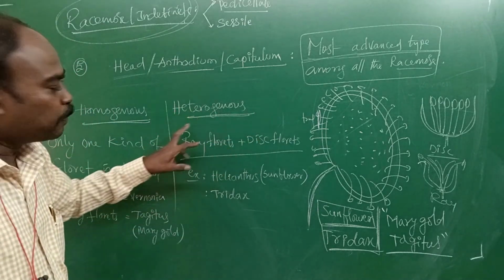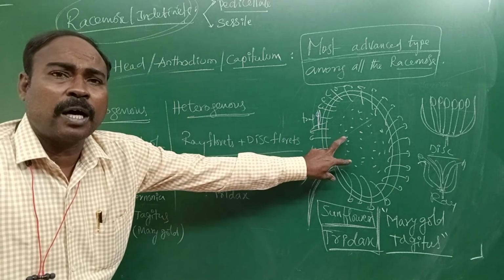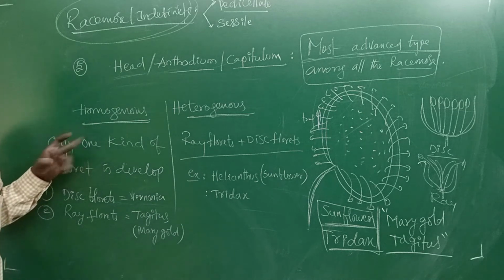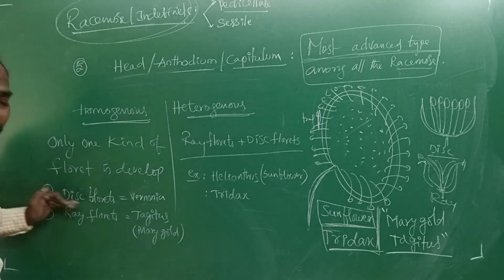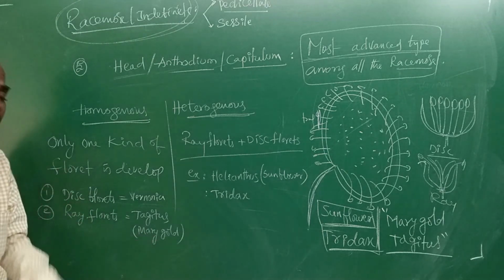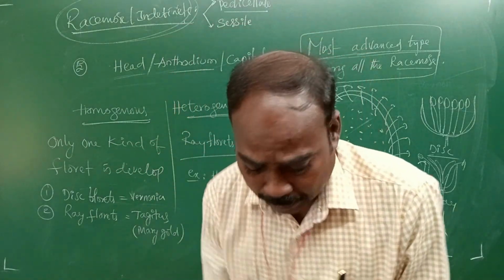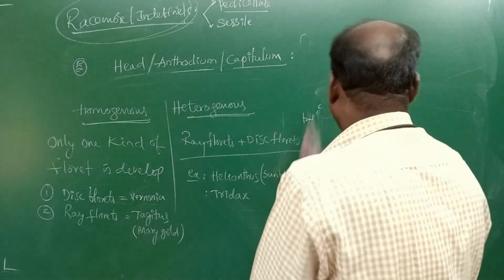So heterogeneous means ray florets and disc florets are found in an involucre or cup of the inflorescence, as in Tridax and Helianthus. Homogeneous means only one kind, maybe disc florets only, found in Vernonia, or ray florets only, found in Tagetes, that is marigold. This is about head inflorescence.